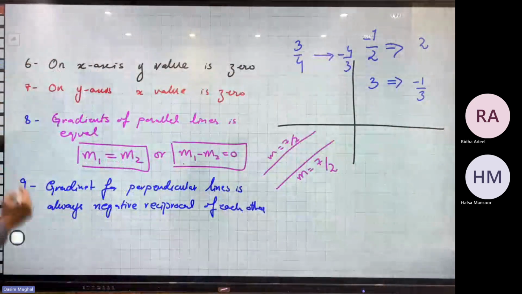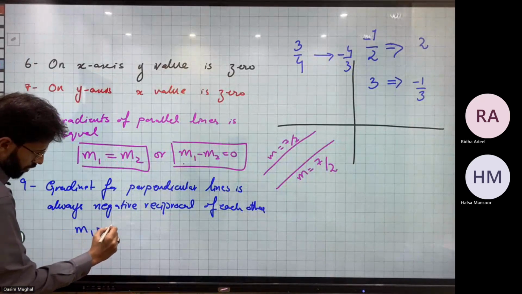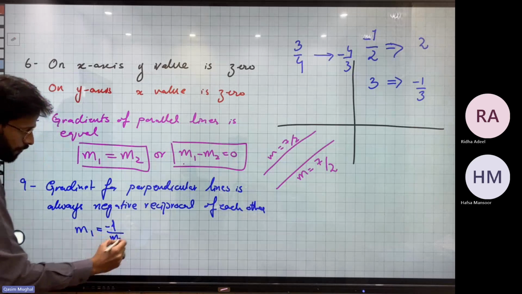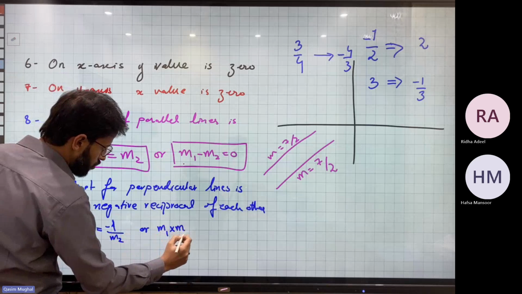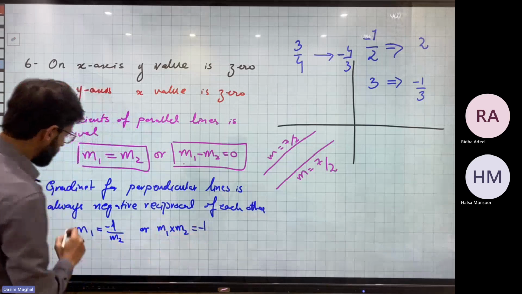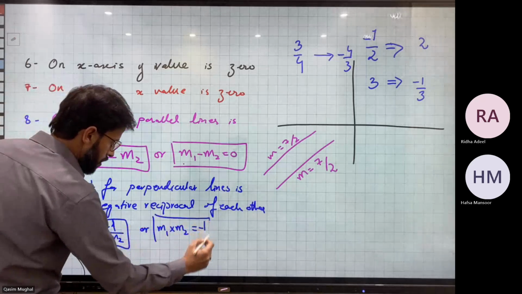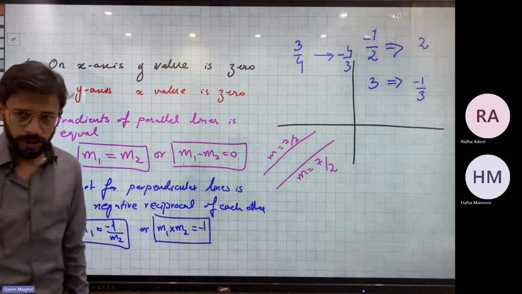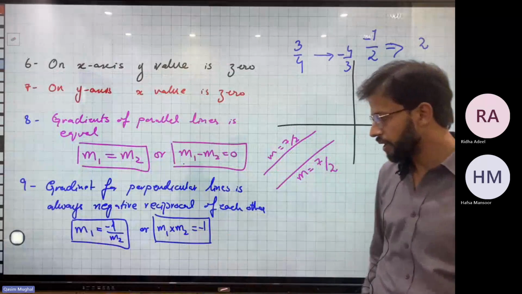अच्छा, इसकी इक्वेशन देखें. इसकी इक्वेशन है m1 equals -1/m2 or m1 into m2 equals -1. यानी कि अगर आपको दो ग्रेडियंट्स पता है, if you want to show that the two lines are perpendicular, आप दोनों को मल्टीप्लाई करते हो, आंसर क्या आएगा? -1.